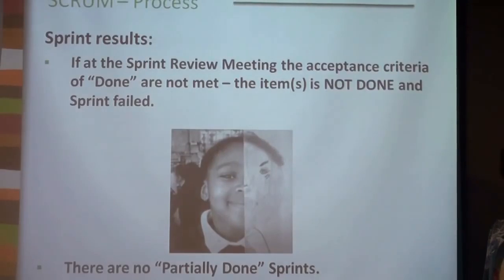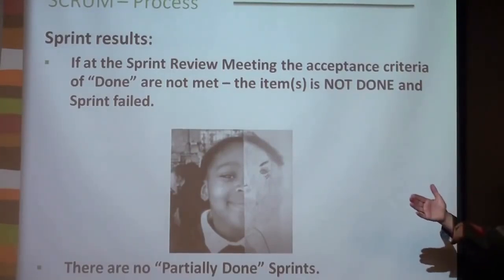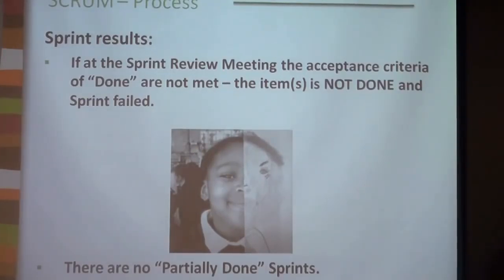Maybe you overestimated or underestimated the effort, or overestimated your team's capacity to deliver. Or maybe the hardware didn't work properly and there was a power outage for 2 days, right? Lightning struck the building and nobody could do anything. There are different reasons why you could not meet the criteria of done.